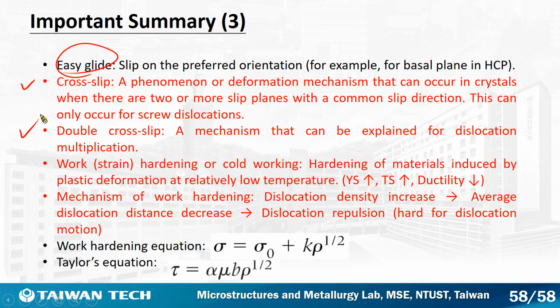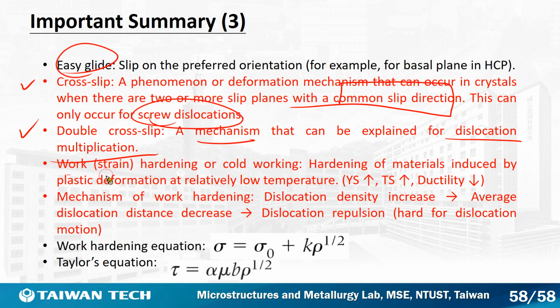Cross slip is when a dislocation moves from one slip plane to another slip plane because they share the same slip direction. This can only occur for screw dislocations. It's very important. And double cross slip is a mechanism to explain dislocation multiplication. We usually combine this mechanism with the Frank-Read source.